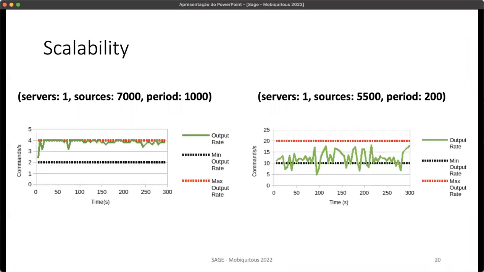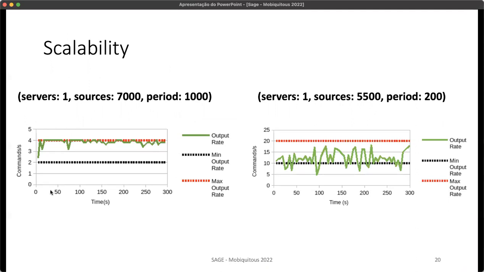So regarding scalability, here we have on the left a configuration with one server, 7,000 sources in the period of 1 second. Here in red, we have the maximum output rate, and here in black, the minimum. And we'll see that a single server, which is a common computer, is able to keep the maximum pace expected by the application.